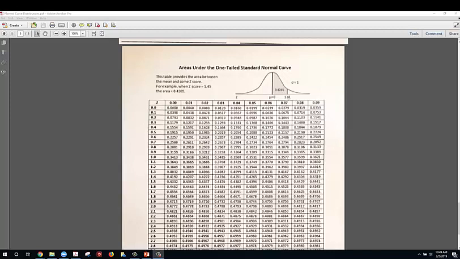Okay, notice, number one, it's a positive score, 1.45. The standard deviation is 1. Remember, we said in z-scores, our mean is 0 and our standard deviation is 1. So this person's score is almost 1.5 standard deviations above the mean.